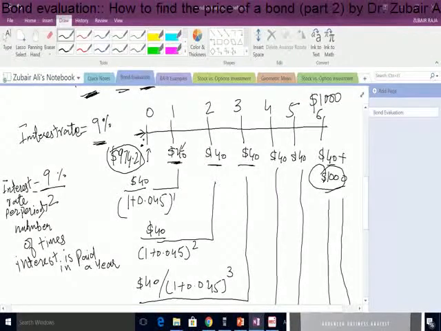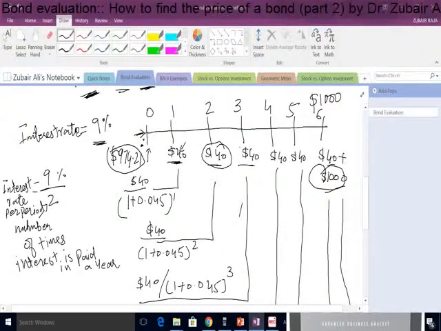Remember, the interest rate in the economy changed over the period of time. When this bond was originally issued, it was issued at an 8% coupon rate, 8% interest rate. So this 8% determined the interest payment of the bond, this $40 after each 6 months.